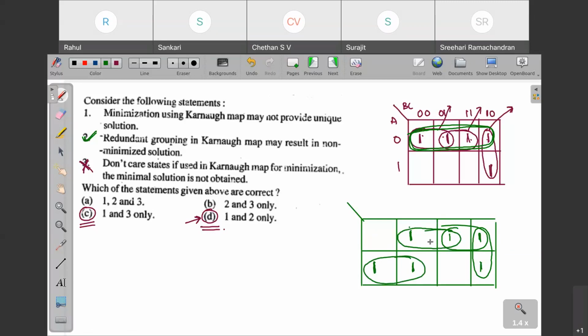So this is also okay. Or I can group this one with this one and this with this one. This is also correct. So I might not be getting a unique solution with KMap. So option 1 is also correct. So D is correct then.